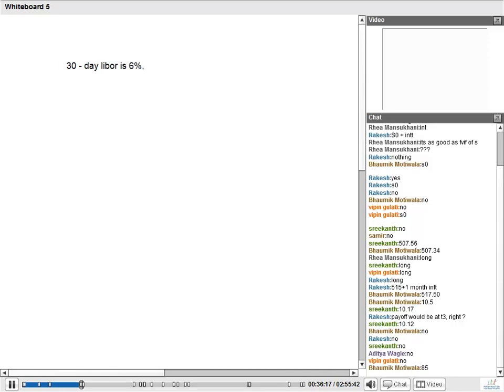What it means is that if you're making a 30-day deposit with a European bank, the deposit is denominated in dollars, then you will receive whatever is the amount you invested, let's say $100, into 1 plus 0.06 into 30 by 360. So remember, the convention in the LIBOR market is 30 by 360. That is, a month is 30 days and a year is 360 days. So 1 plus 0.06 into 30 by 360 is the amount that you will get back.